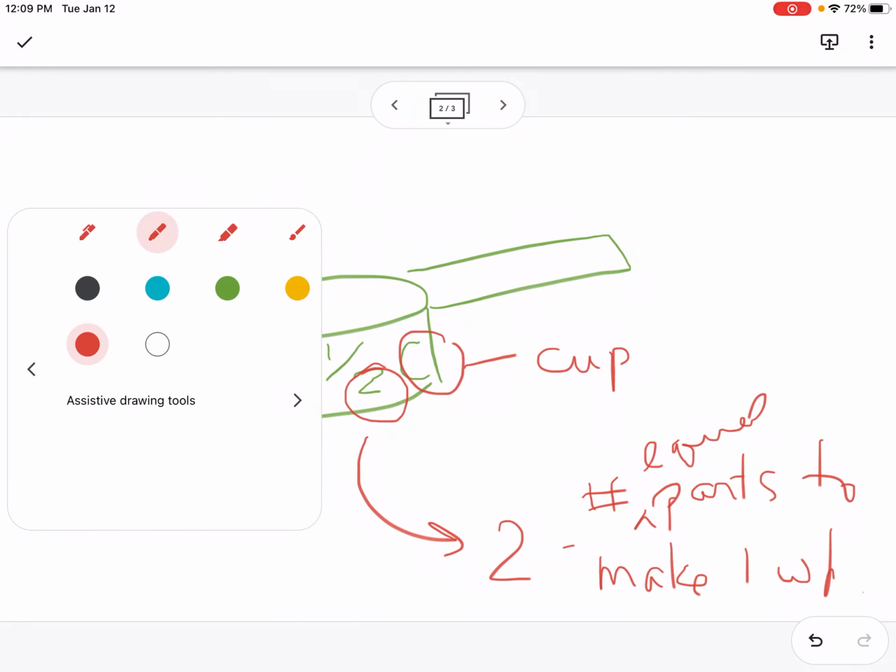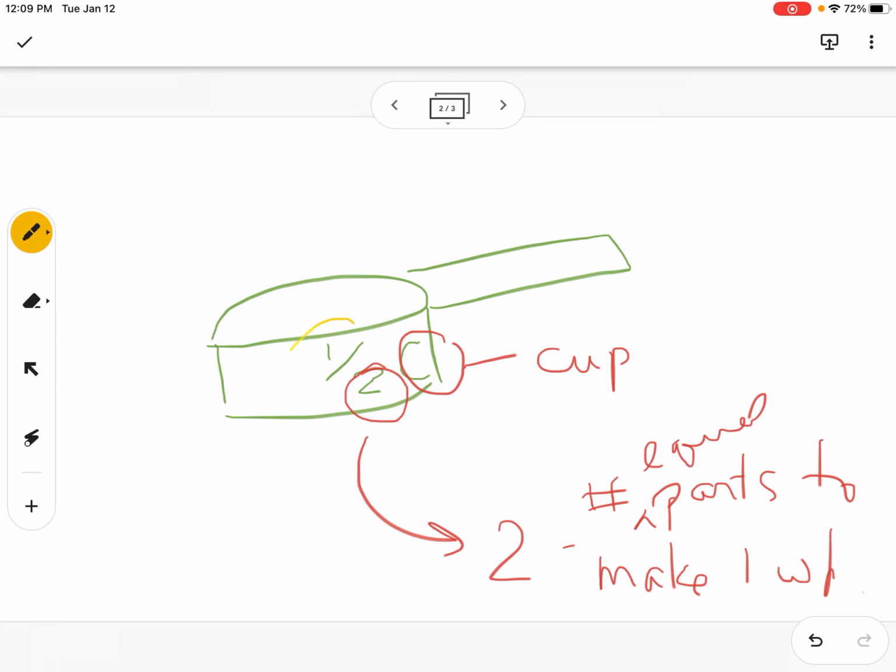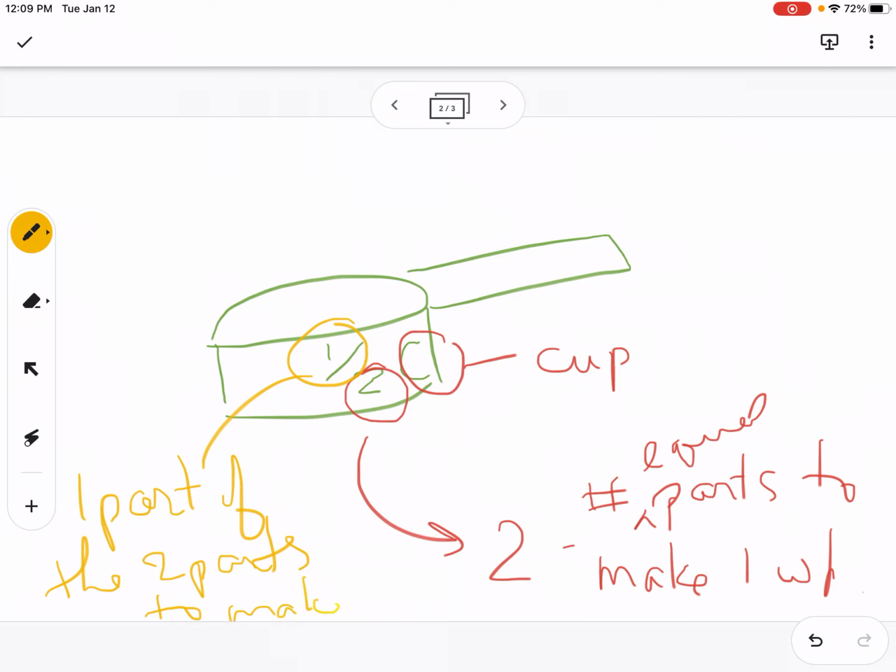What does the top number tell me? Well, the top number is a 1. So what that tells me is that this is 1 part of the 2 parts that it takes to make 1 whole cup. So if I imagine going into the bag of flour and taking one of these scoops out, how much flour do I have? Well, I've got 1 scoop.